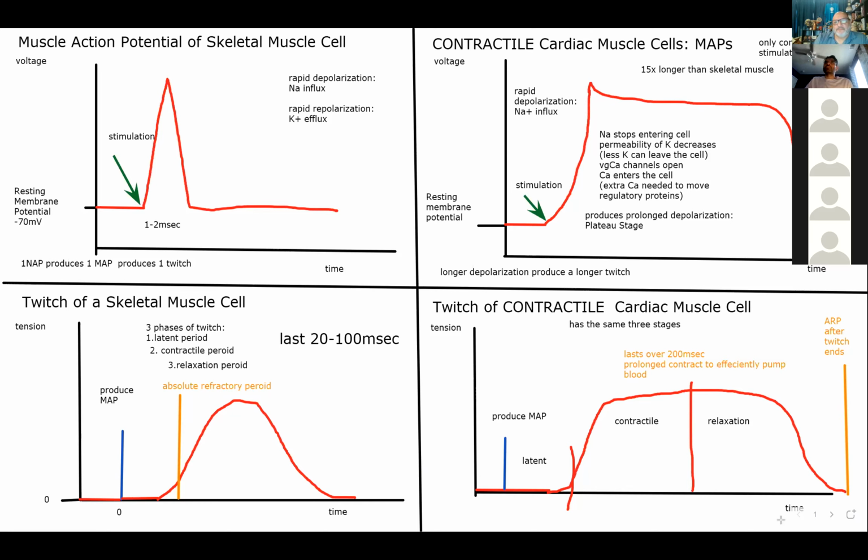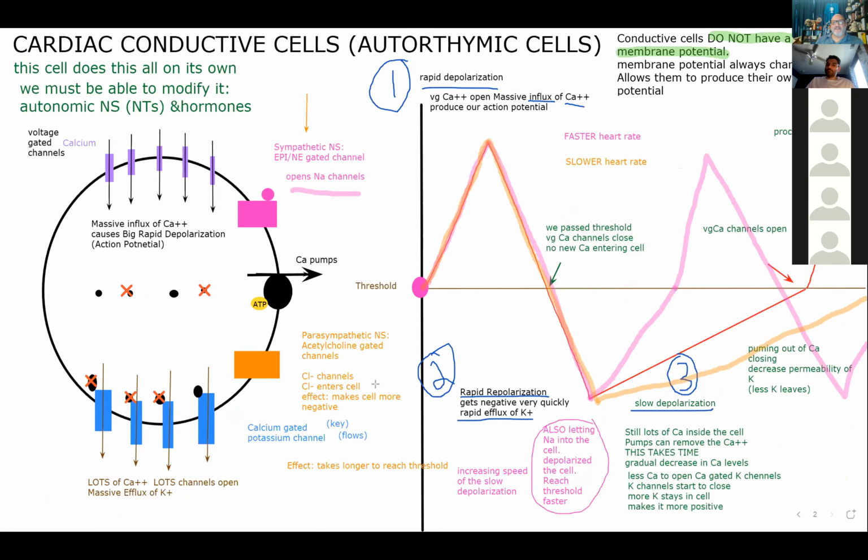Explain the contractile cycle of cardiac muscle cells, explain the twitch or the cycle for conductive cells, and compare the two. Absolutely, you're right. Notice both the contractile cell and the conductive cell have action potentials.